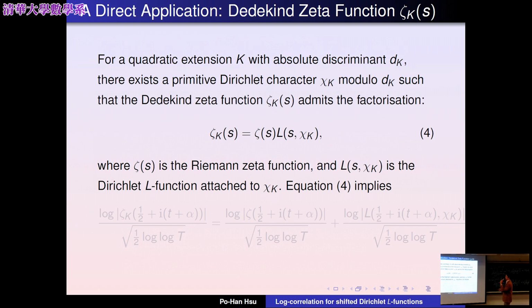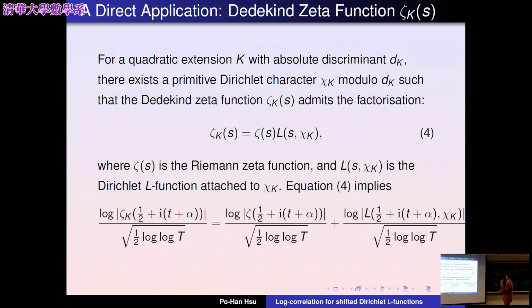So addition, this is Riemann zeta, this is the Dirichlet L function. We divide by the square root of half log t. Now, by my previous slides, this one converges to normal 0, 1. This one converges to normal 0, 1. And in fact, these two behave like independent normal random variables. So N(0,1) plus N(0,1) sum together, you have N(0,2).